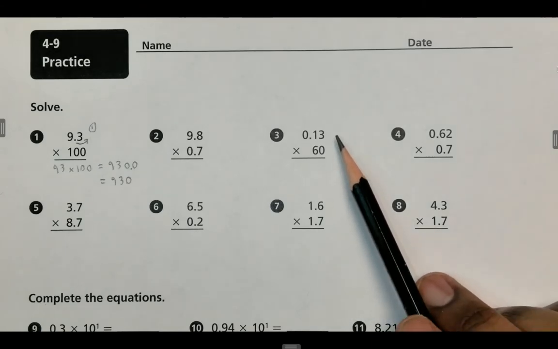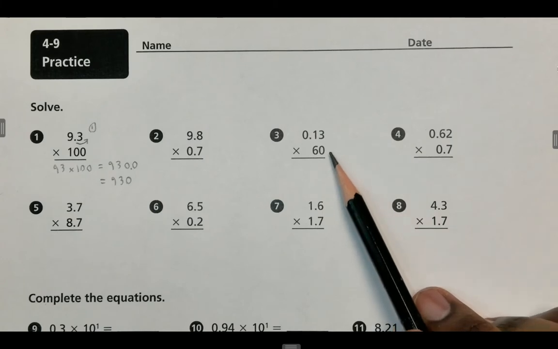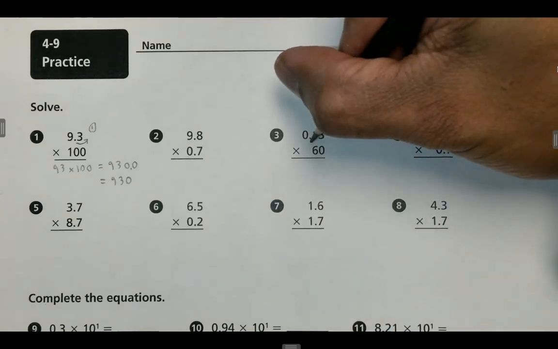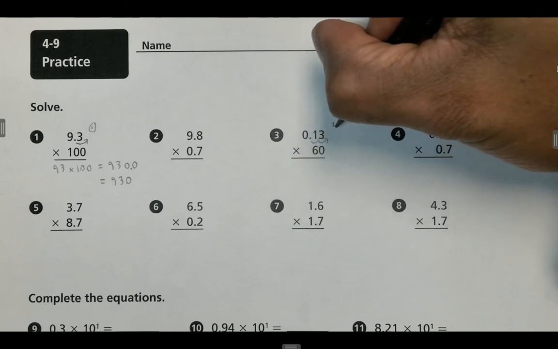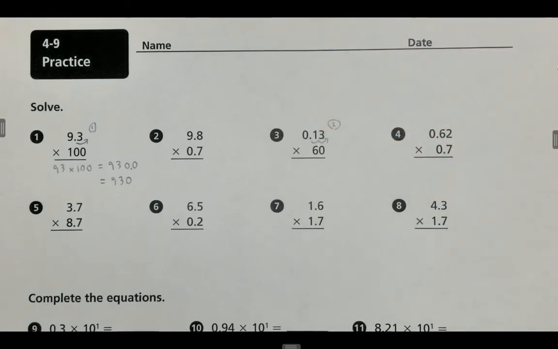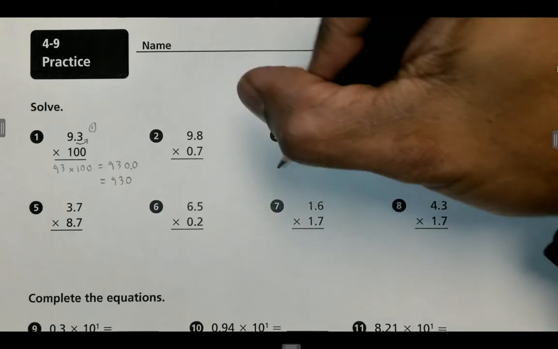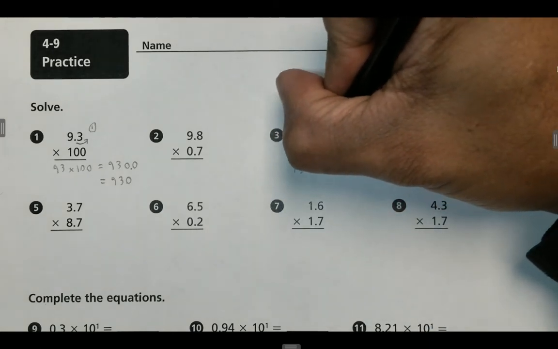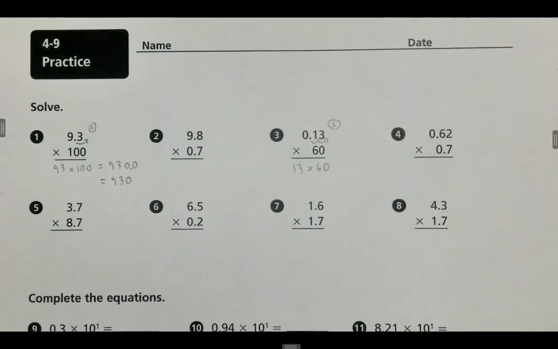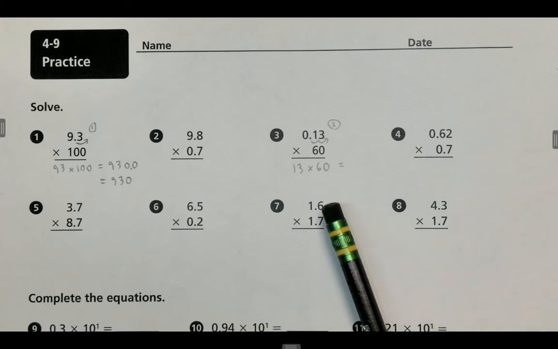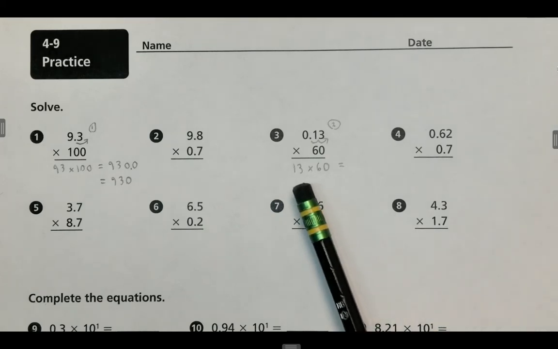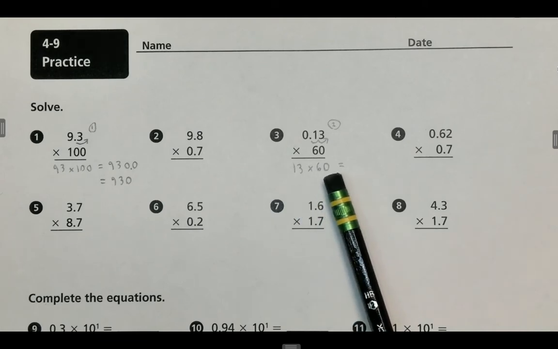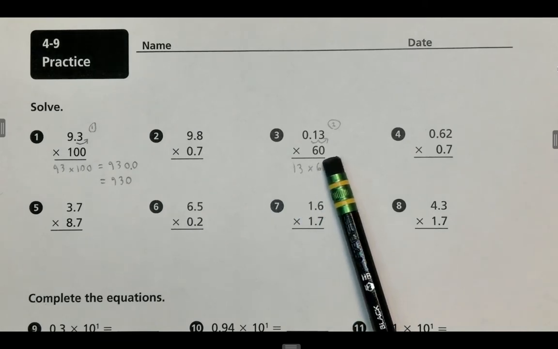Number 3, 13 hundredths multiplied by 60. Clear the decimal point out. Whoop, whoop. 2 pushes will do it. We've got 13 multiplied by 60. Can you do this as mental math? Well, maybe not. We haven't all necessarily memorized our 13 times facts, but we can see that if we cover up the 0, solving this would be like doing 13 times 6 and then adding a 0.